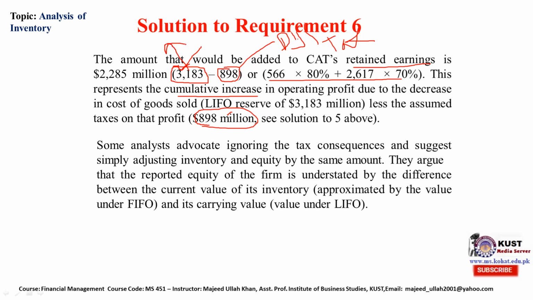This is the second opinion. Some analysts show that it would grossly increase net income and grossly increase the long-term liability. Ignoring tax consequences suggests simply adjusting inventory and equity by the same amount. They argue that the reported equity of the firm is understated by the difference between the current value of its inventory, approximated by the value under FIFO, and the carrying value under LIFO.